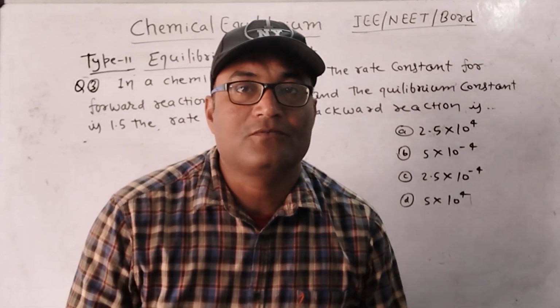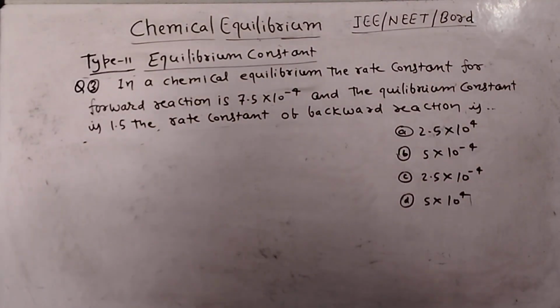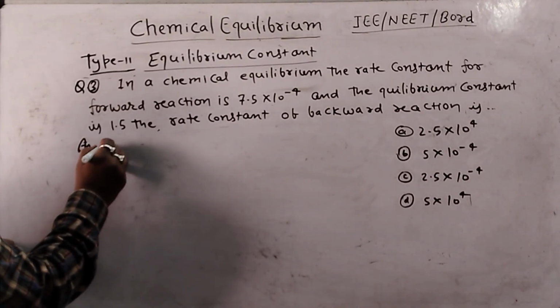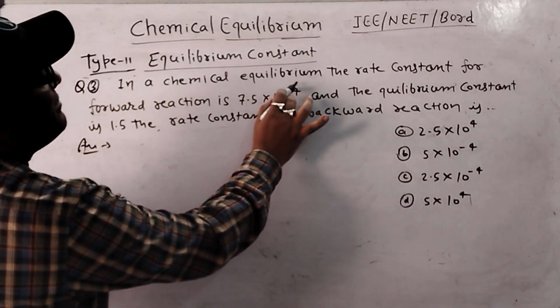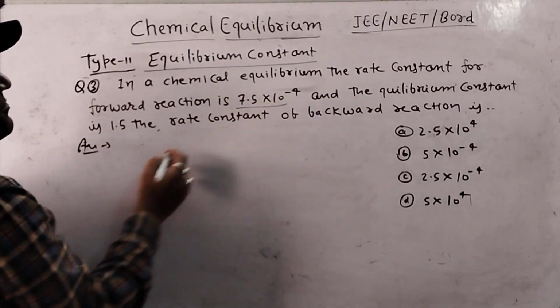Now I am going to solve this question. This question is also based on calculation of rate constant. According to this question, in a chemical equilibrium, the rate constant for forward reaction is 7.5 into 10 to the power minus 4.